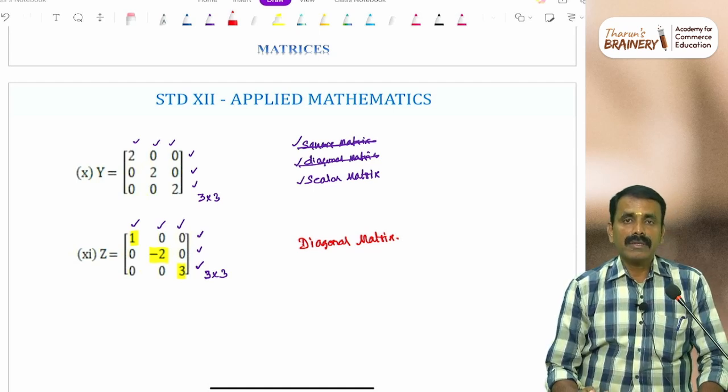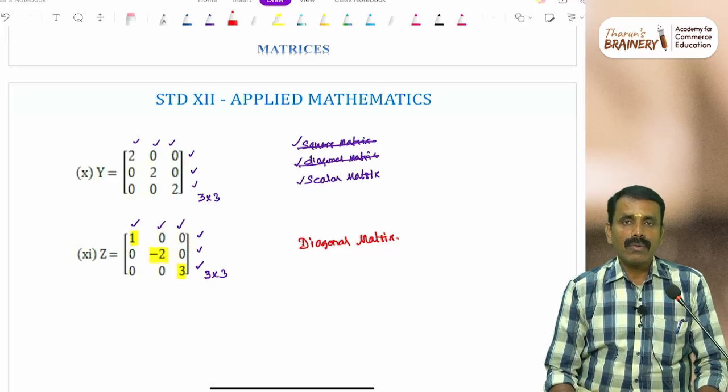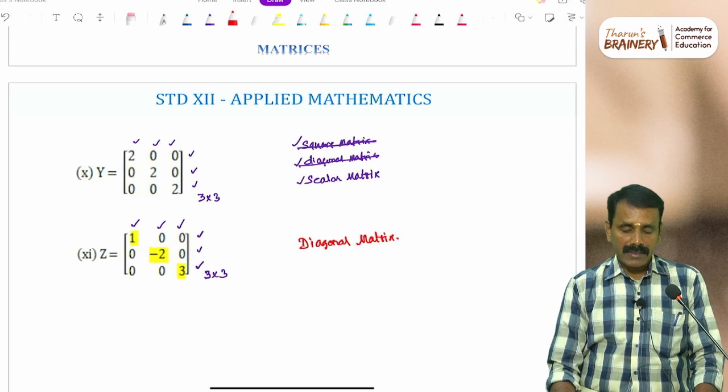So, in this session we learnt what a matrix is, how matrices are denoted, how the elements are given names, what a row, a column and a diagonal element are, and the different types of matrices like row matrix, column matrix, diagonal matrix, square matrix, scalar matrix, identity matrix, null matrix, negative matrix.